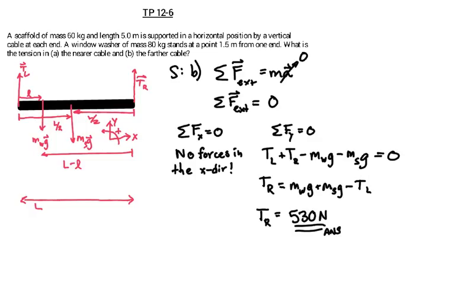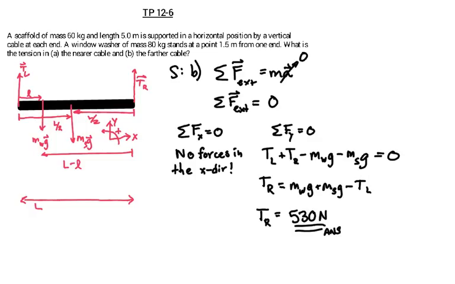Notice that the tension in the left cable and the right cable are not equal. That's because we have our little man over here on the left side. That little man on the left side is creating a torque on the left cable, a torque that is greater on the left cable than it is the right cable.